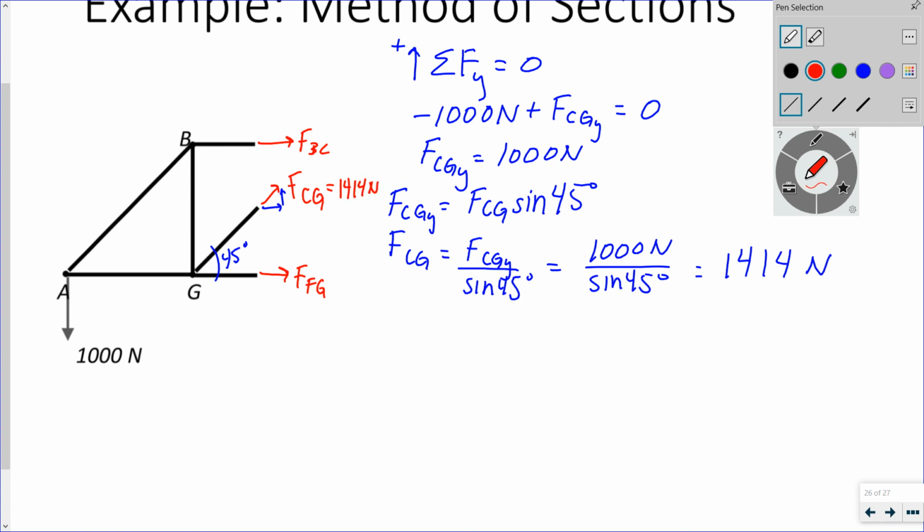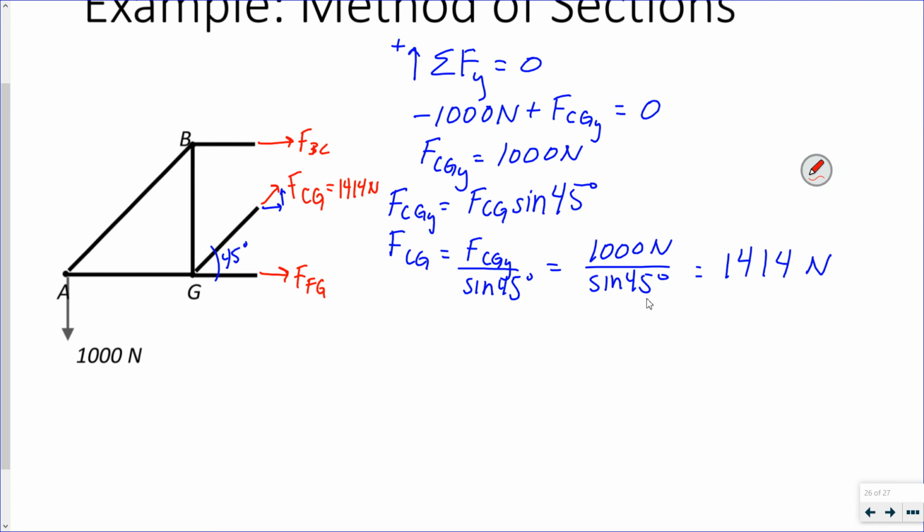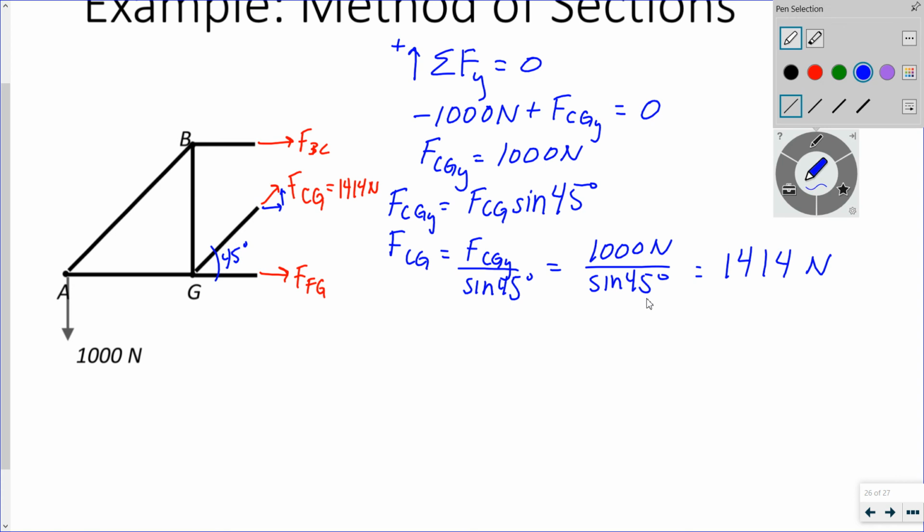So let's see. I could take the forces in the x direction, but I have two unknowns, FBC and FFG. Instead, I'm going to take the moments about G. Why am I taking the moments about G?